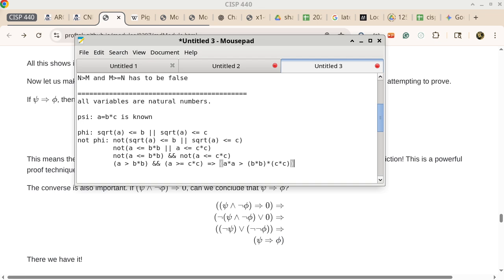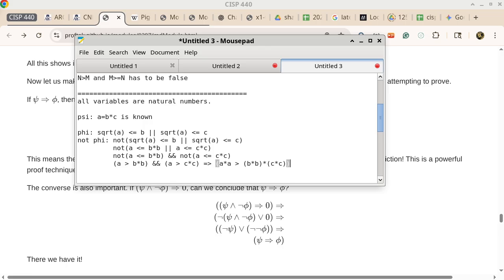A is non-negative, okay? B times b is definitely non-negative because it's a square. C times c is also guaranteed to be non-negative, right? I think I made a mistake here. This is supposed to be greater than, not greater than or equal to. So just a minor mistake, fixed.